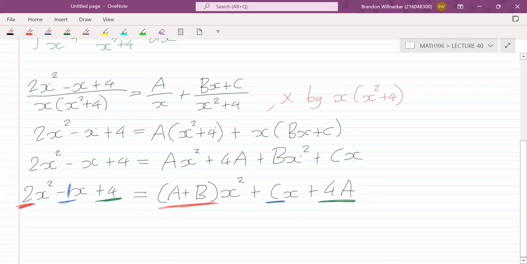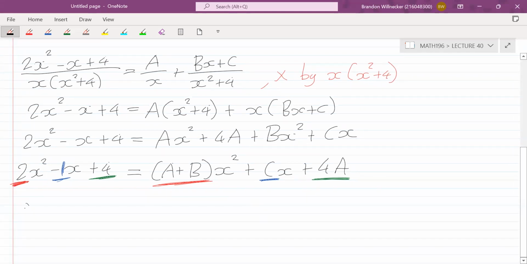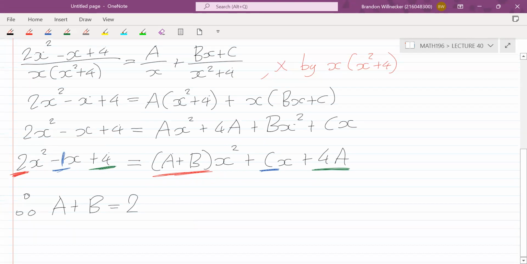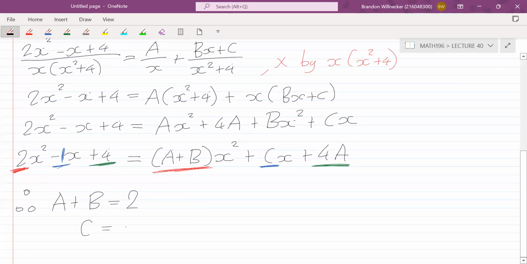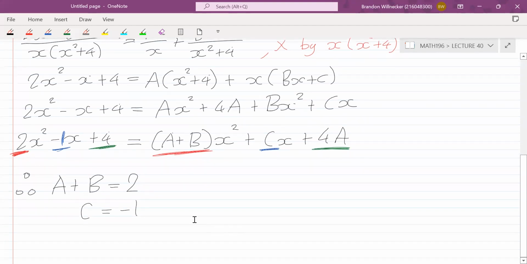Now, if these two polynomials are to be equal, then their coefficients must be equal. Therefore, A + B must be equal to 2, C must be equal to −1, and 4A must be equal to 4.